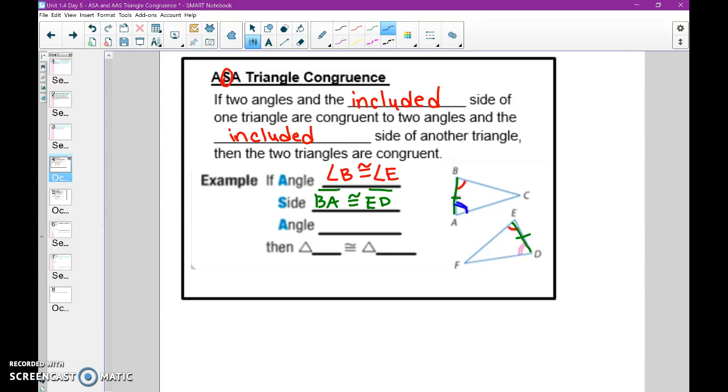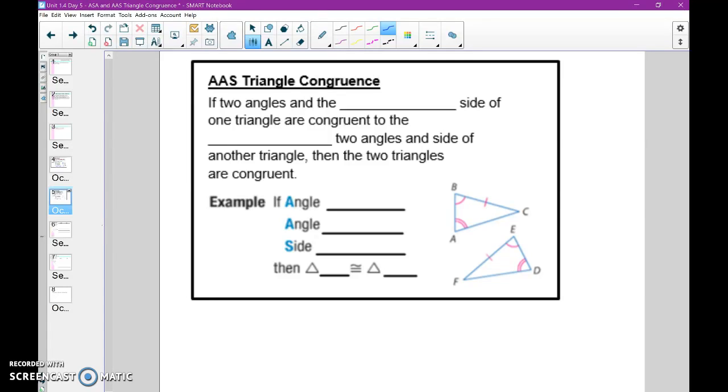And then we've got the double arches for the last angle pair. So angle A is congruent to angle D. If we have all three of those pieces of information, we can say the triangles as a whole, so I'll call it triangle BAC, and then we'll do EDF, are congruent to each other. And it would be by ASA in this case.